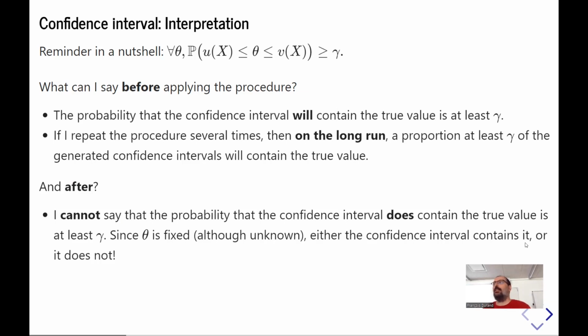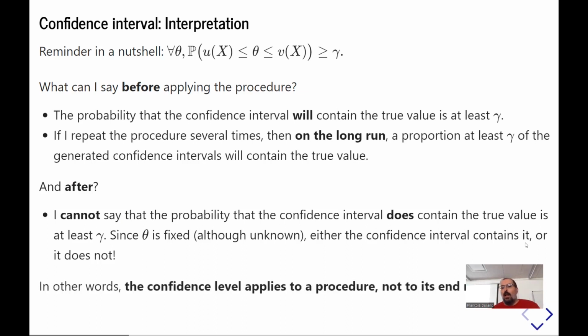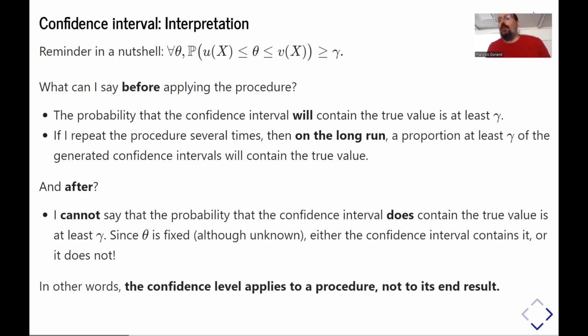Theta is fixed. Now your data is frozen. So either theta is in the confidence interval or it's not in the confidence interval. That's just what you can say. It's not very informative. So what is important in this is that the confidence interval applies to the procedure as a whole and not to the end result of the procedure once it's done.